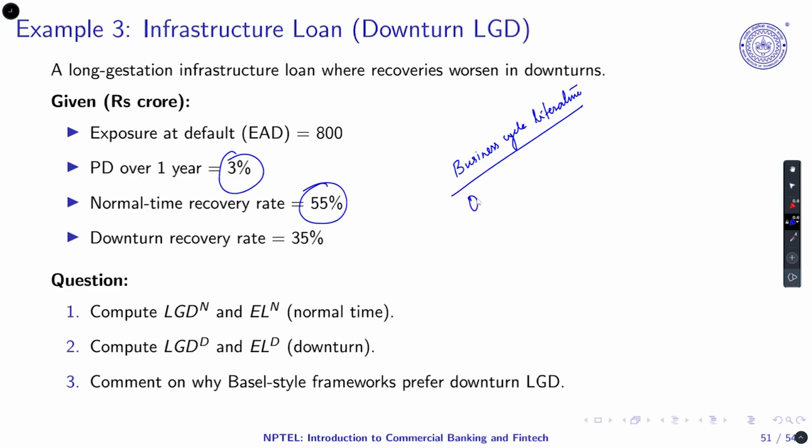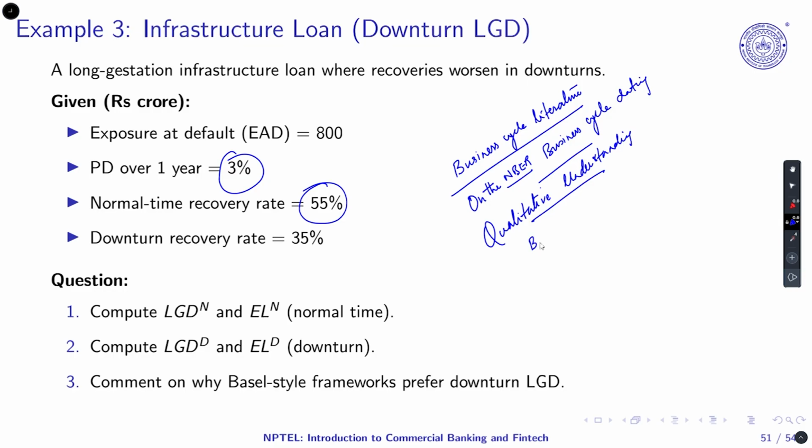On the NBER website also, you have the business cycle dating data. Or based on the qualitative understanding, given the past and the future's likely scenario, you can create three scenarios: the best scenario, then the base scenario, which is the normal scenario, and the worst scenario, right?